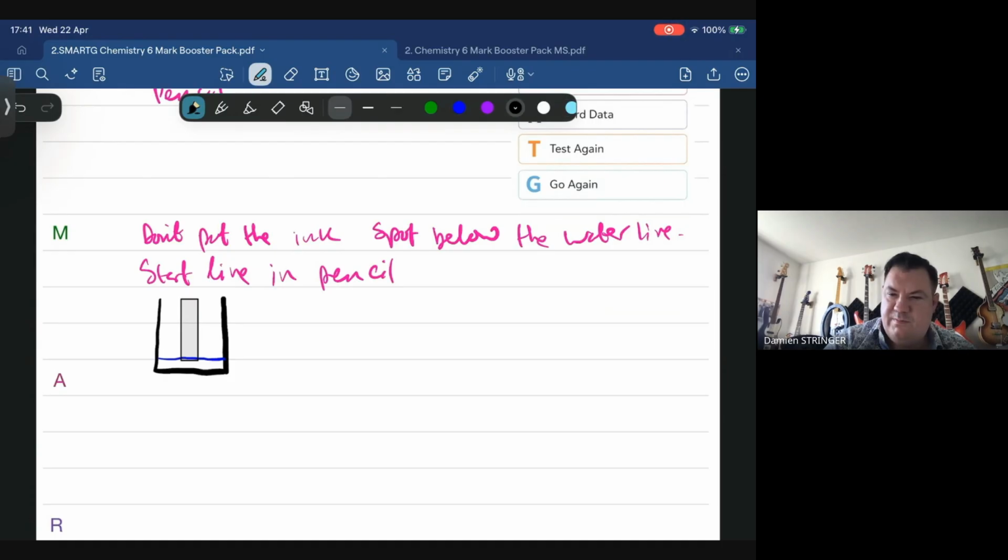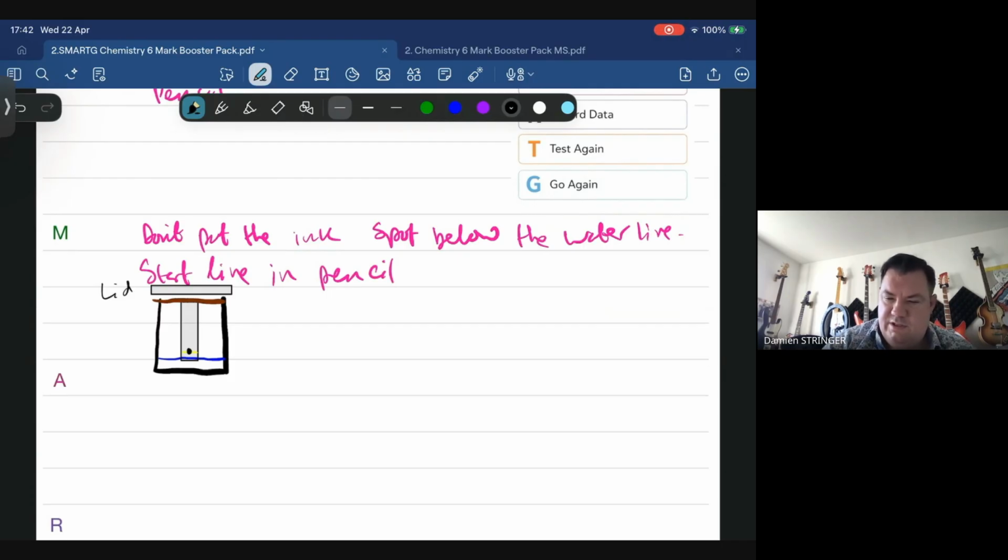You'd probably have something like a splint holding it there. You might want to put a lid on it. Your start line, I'll do in yellow. And then your black spot needs to sit above there.